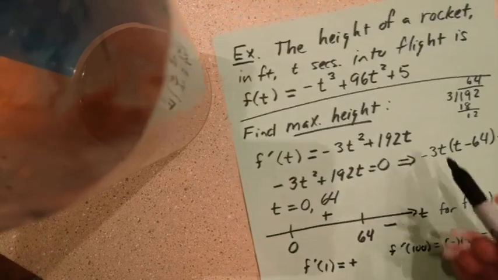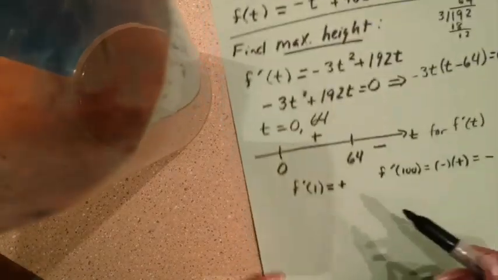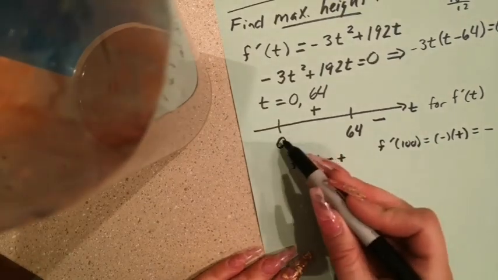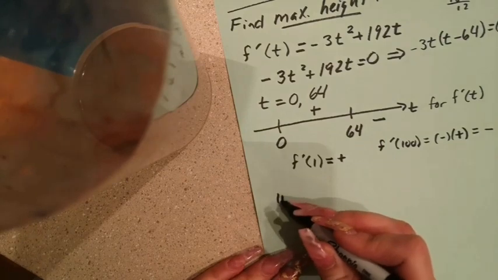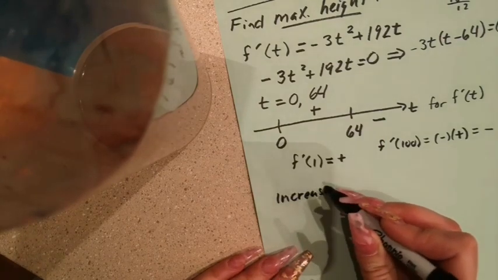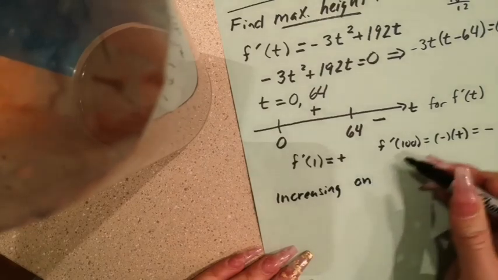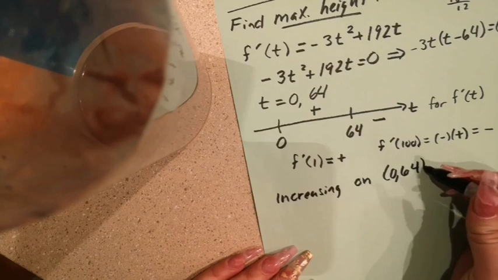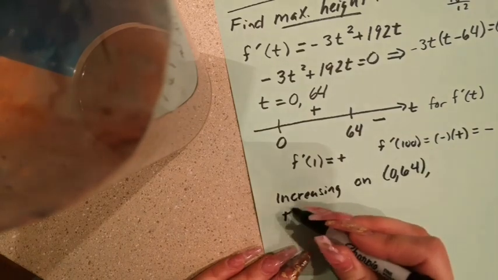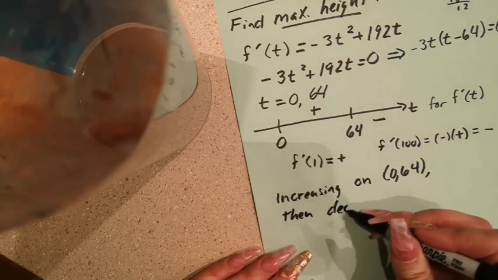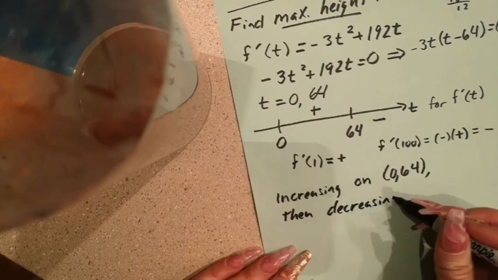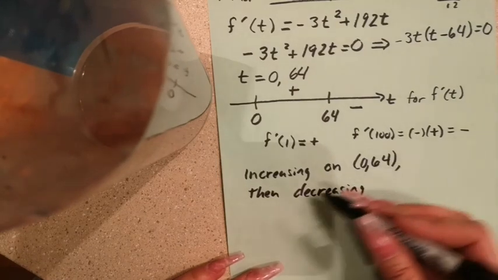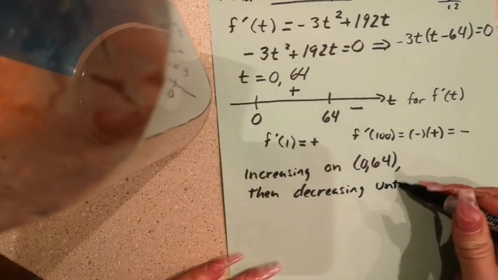Okay, so what's happening then with my rocket? So that rocket's height is increasing on 0 to 64. Then decreasing. Now, I guess I wouldn't say to infinity. I guess I would say it's decreasing until it hits the ground.